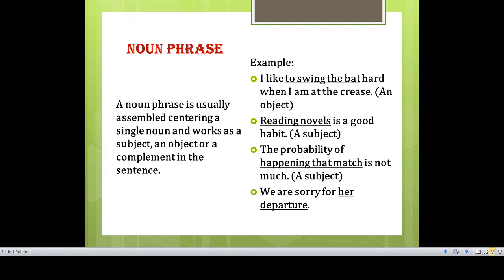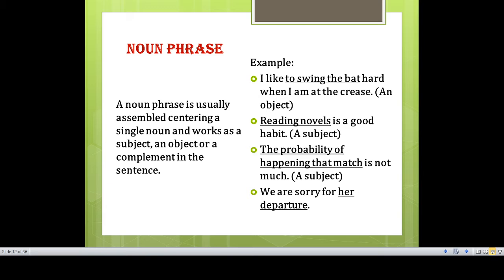All right. The first one. So you have different types of phrases. The first one in the series is a noun phrase. You can see the example when you're listening to what a noun phrase is all about. Please go through the example and the underlined group of words in each sentence.